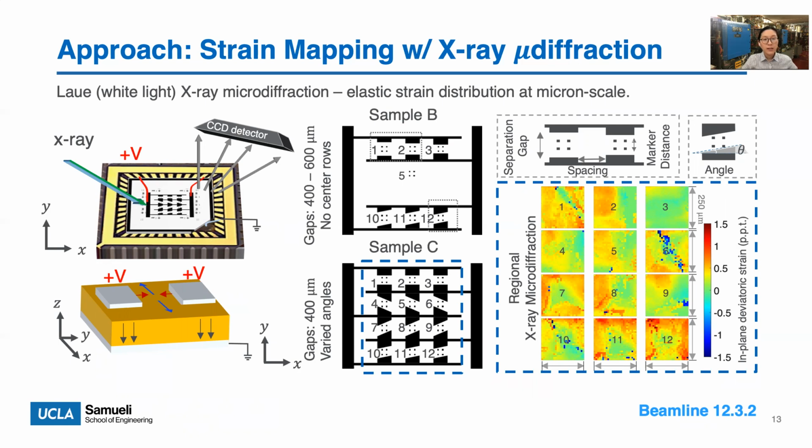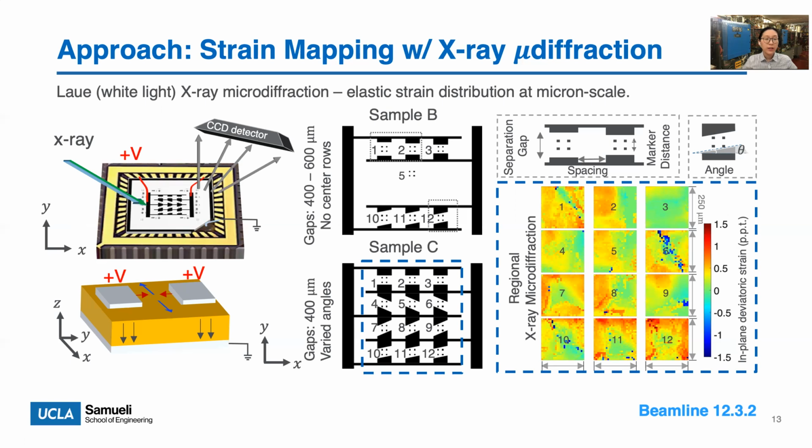So we'll be using X-ray microdiffraction for this experiment, similar to what we have done earlier in our Nano Letters paper. Here, a focused X-ray beam with a diameter of 1.5 micron is incident at 40 degrees on the sample surface, and is scanned along the 100 and 010 crystallographic directions of 001-cut PMN-PT.